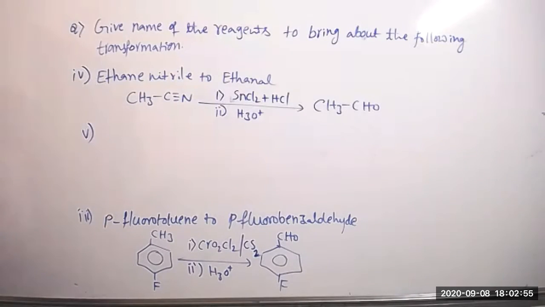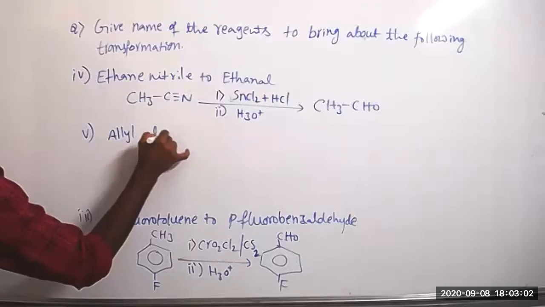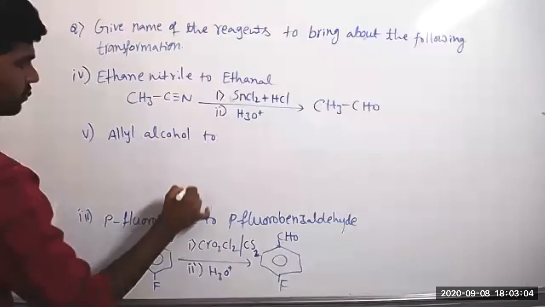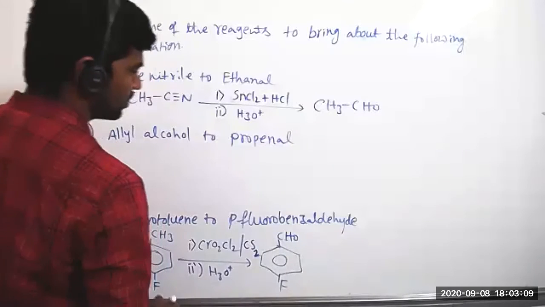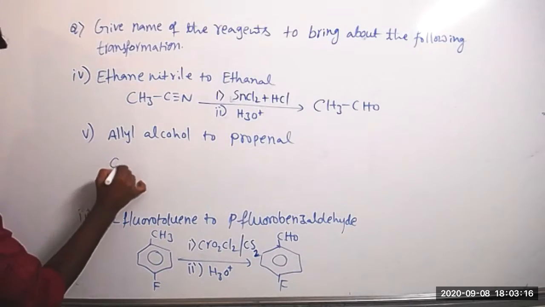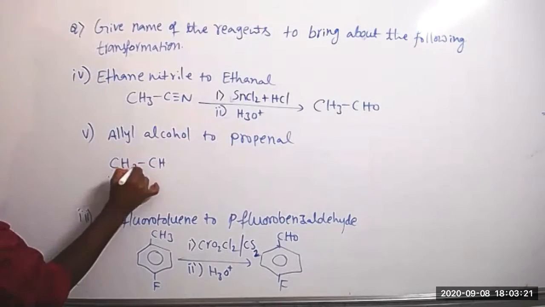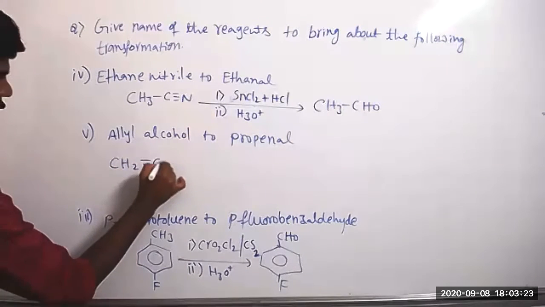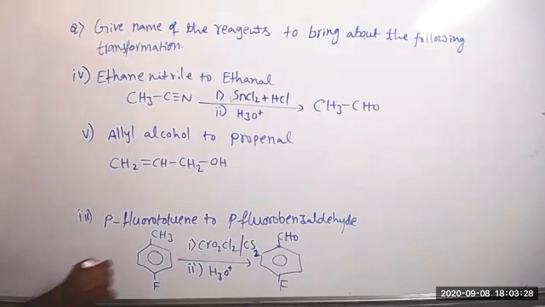Next, allyl alcohol to propenal. Allyl alcohol is CH2 double bond CH, CH2OH.